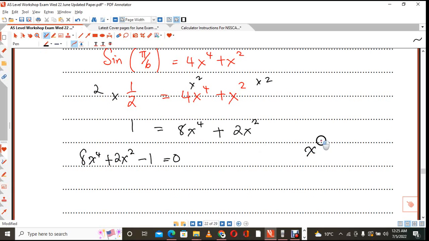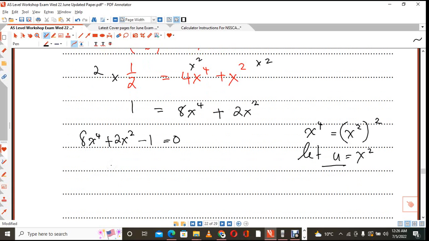Remember that x to the power 4 is nothing but x squared squared. So you can say let u equal x squared. I can actually factorize this as it is, but you can do that because it might look a bit too messy.